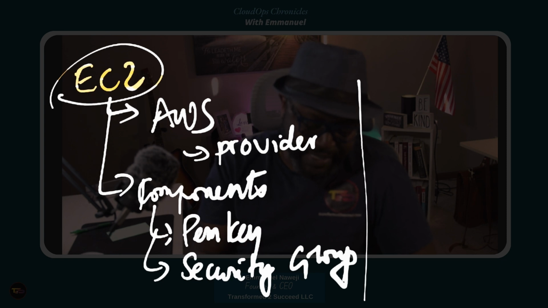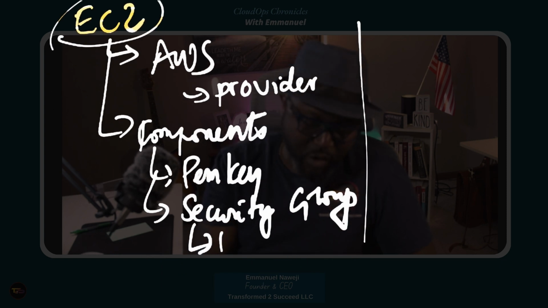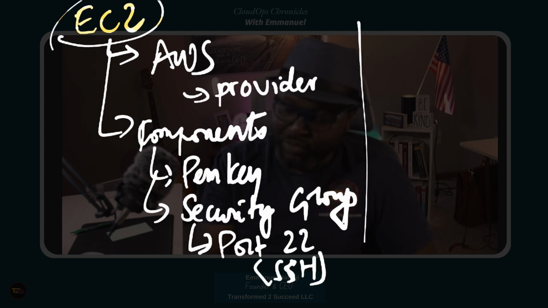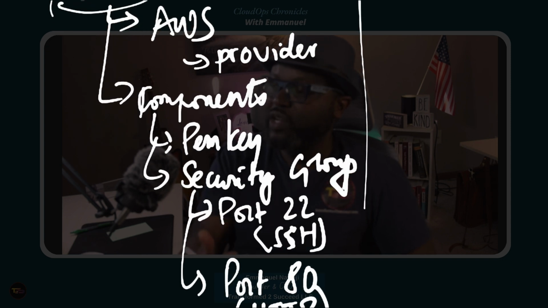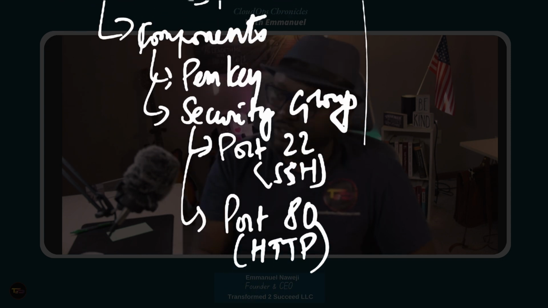So you're going to need that, and on the firewall, you're going to have to open port number 22 for SSH. SSH stands for secure shell, and then we'll open port 80. That's for HTTP traffic to come into your server.